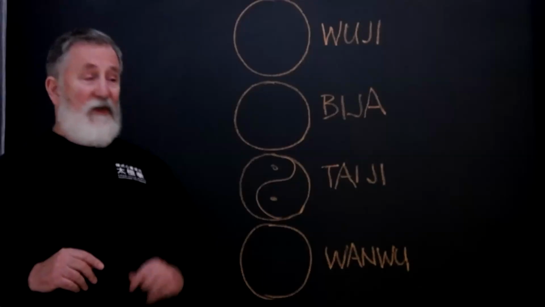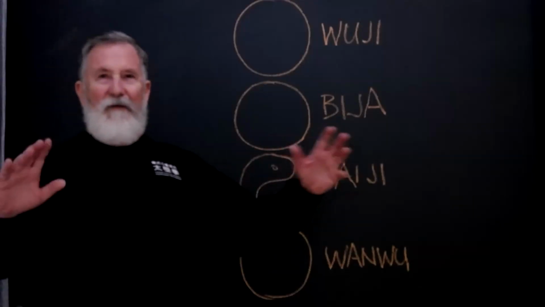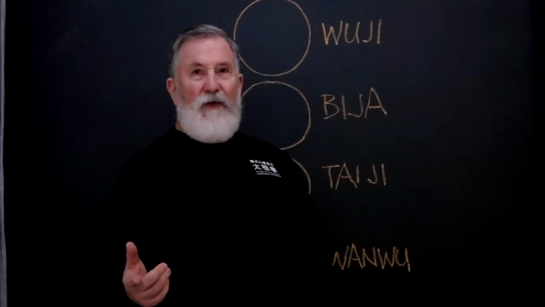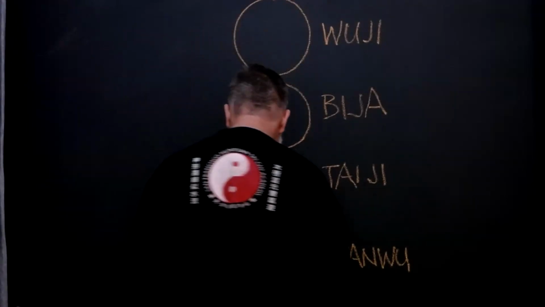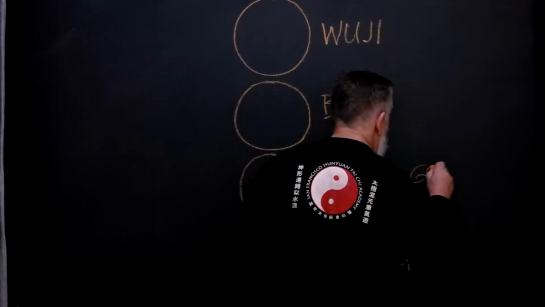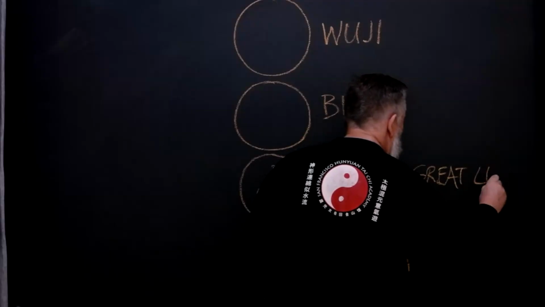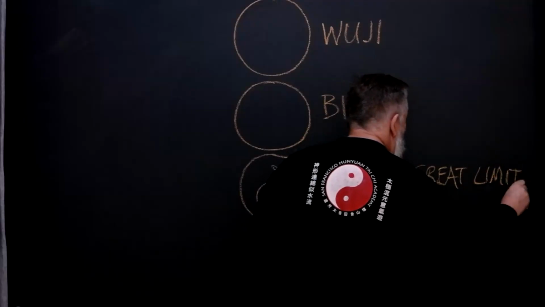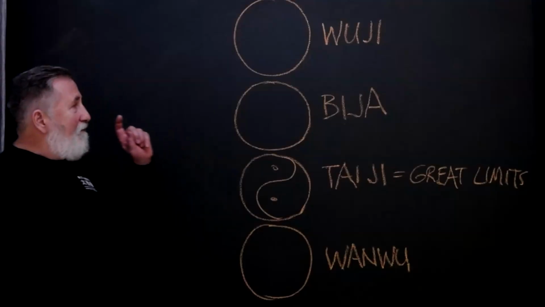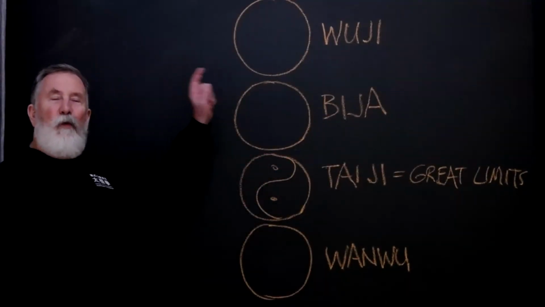What are the great limits? Yin and yang, right? Everything fits under that umbrella. So let's use great limits. Okay, if Taiji is great limits, what is Wuji?